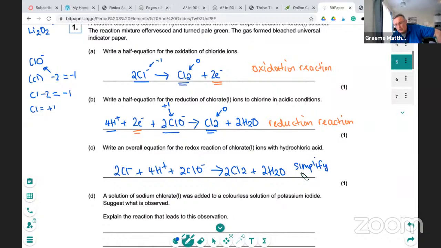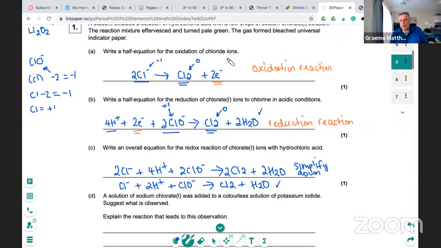Simplify down, meaning I can divide through by 2. And so I'm going to have Cl minus and 2H plus and ClO minus, arrow, Cl2 and H2O. And that should be indeed correct. Right, it is. Good.